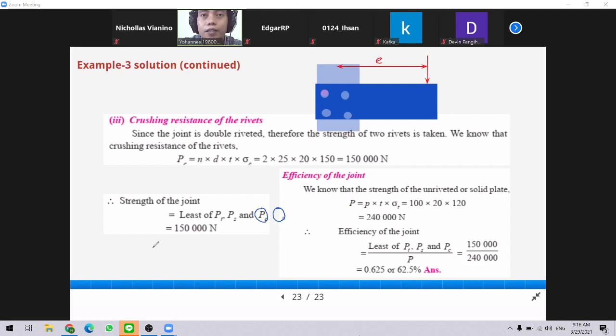So even though the rivet joint has lower efficiency, it can join those kinds of material. That's why we choose rivet joint instead of welding. So that's the answer.